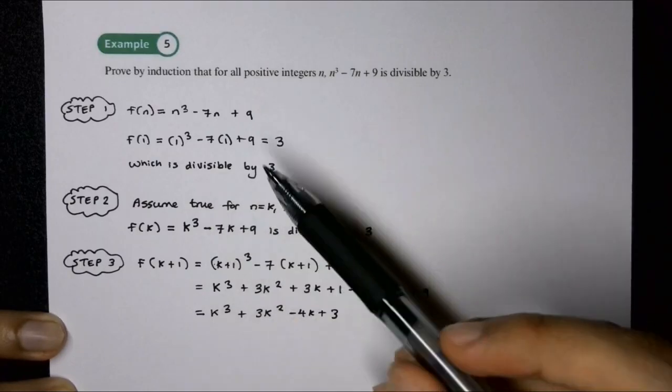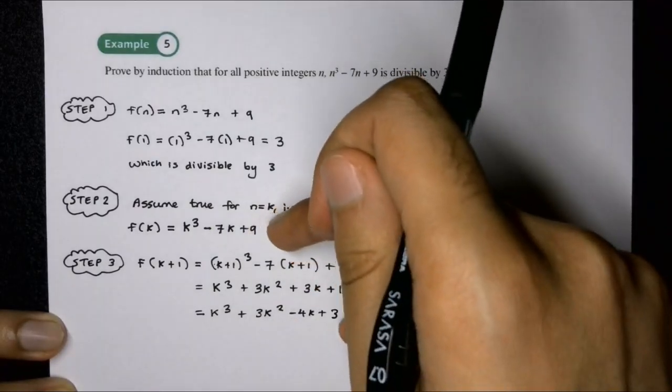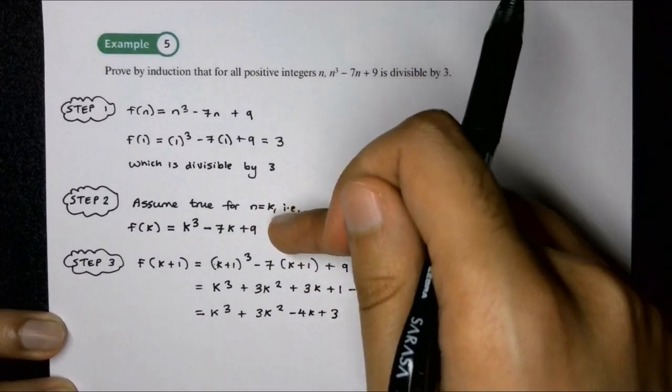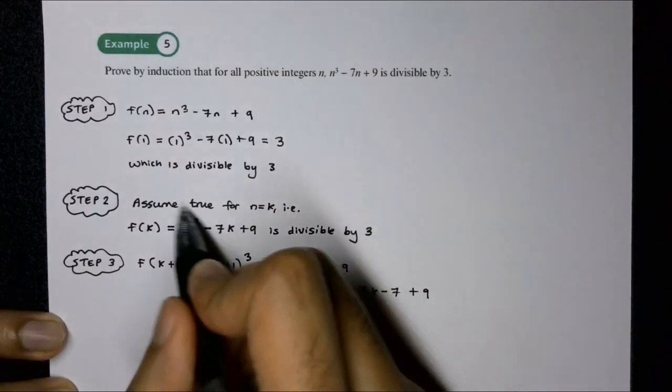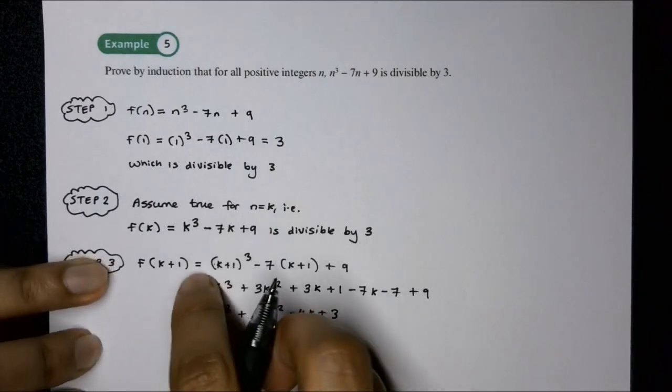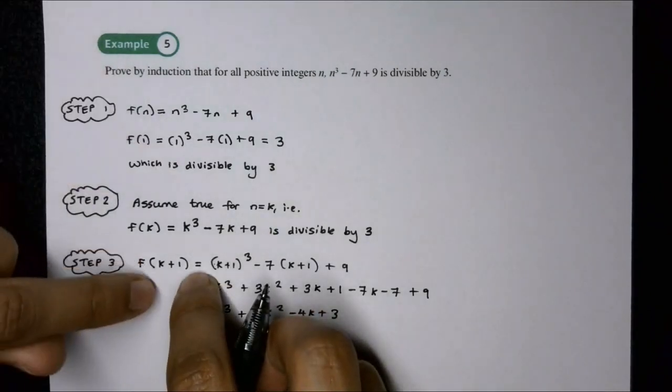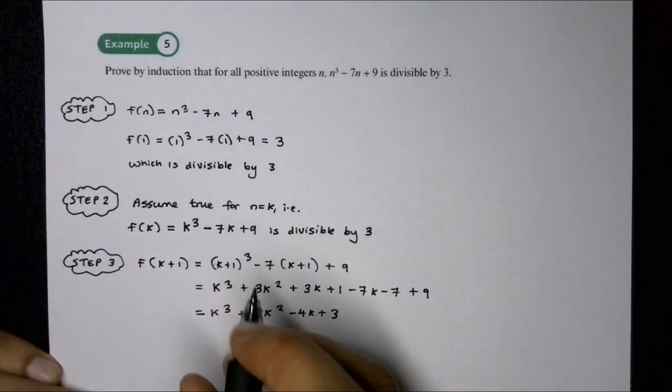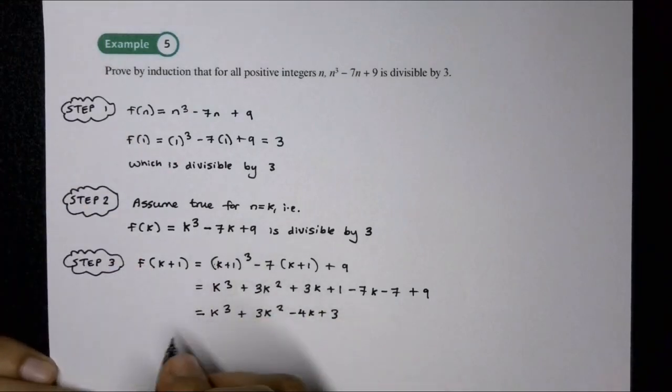So these two are similar to each other. They're not exactly the same, but they're similar to each other in that they both have a k cubed in them. So with any divisibility result, let's now work out the difference between f of k plus 1 and f of k, just as we saw in the previous example.